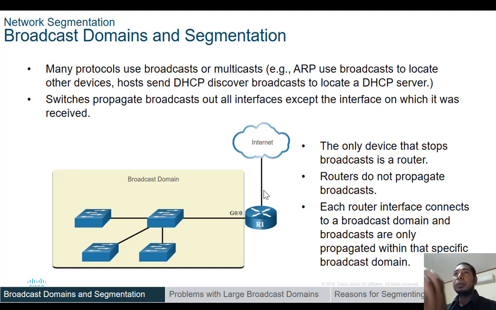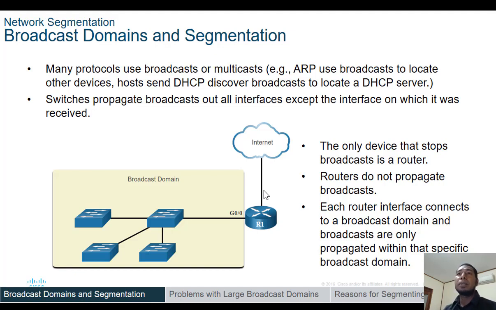So when we're talking about broadcast domains, you can have a router with one interface going to a network, and that network can start off small, and then it will start to grow and grow and grow. As your network increases in size, the larger your broadcast domain becomes. And there are some problems associated with having very large broadcast domains.